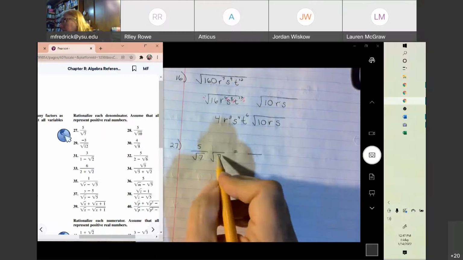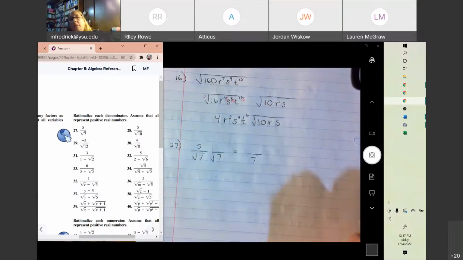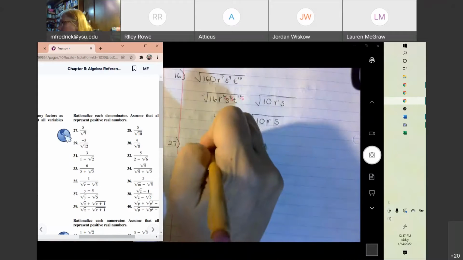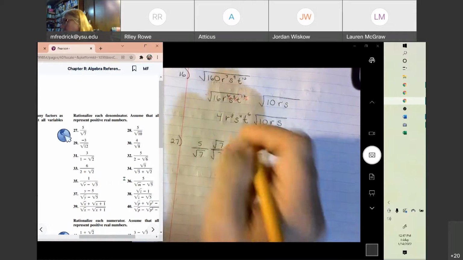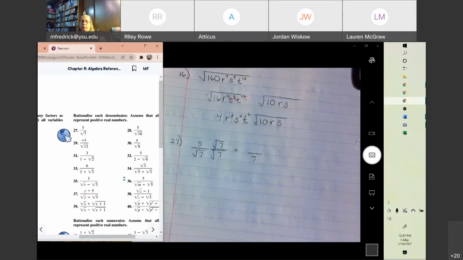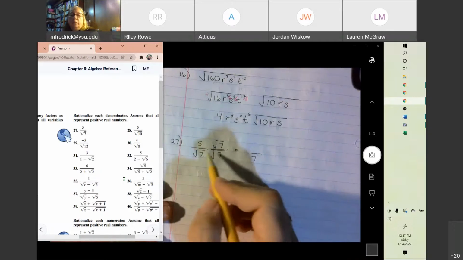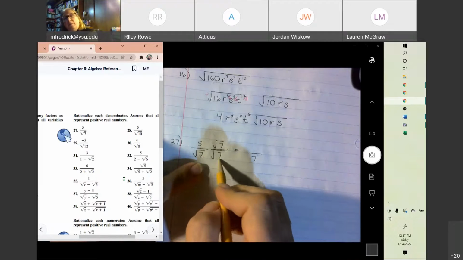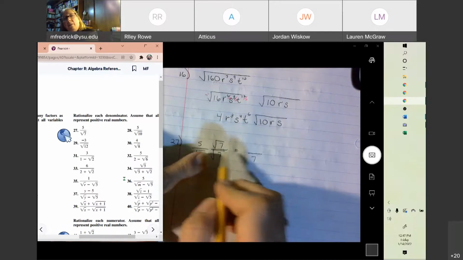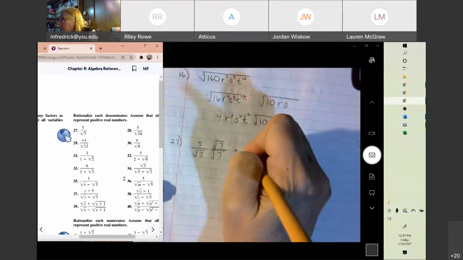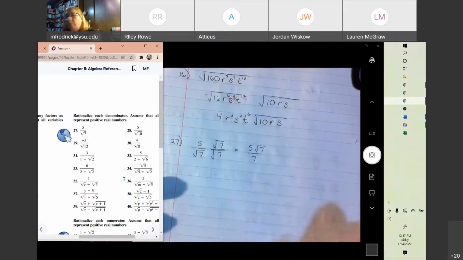But remember, when you have a fraction, whatever you do to the bottom, you have to do to the top. That way, it's not changing it. You're multiplying by 1. So in the bottom, the square root of 7 times the square root of 7 gave us 7. On top, we have 5 square root of 7.